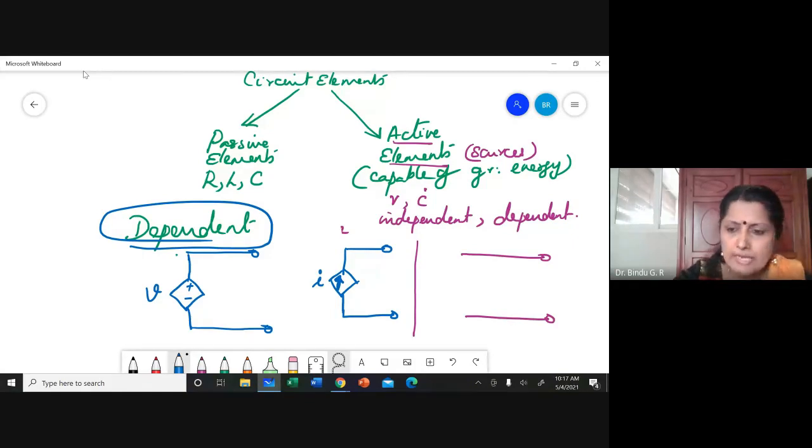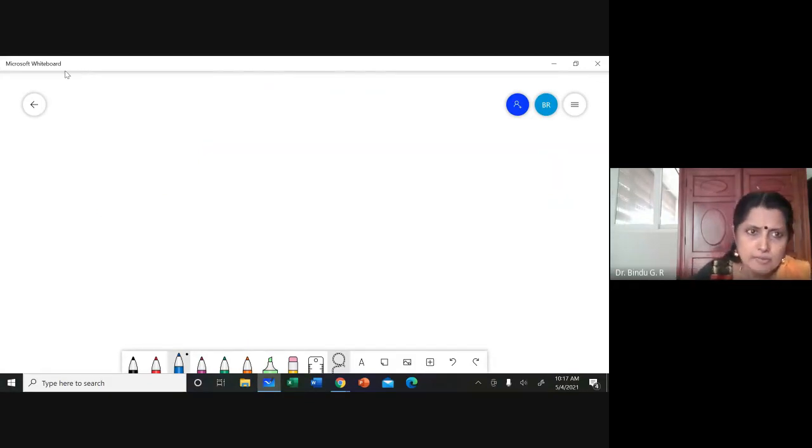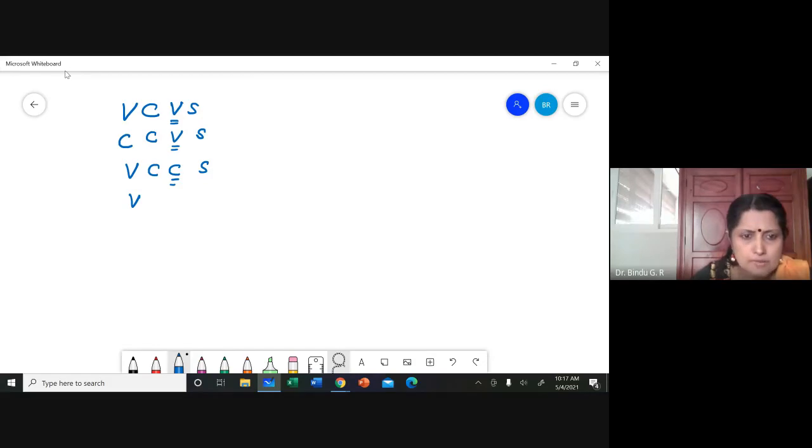What are the different types of dependent sources? One can be a voltage controlled voltage source, or a current controlled voltage source, or a voltage controlled current source, or a current controlled current source.